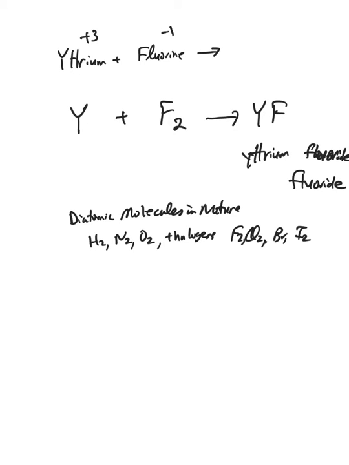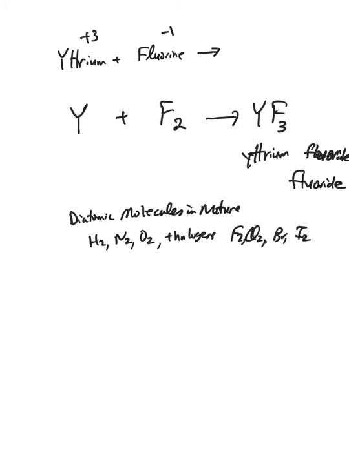And so to make this electrically neutral, we're going to write in this subscript. Now, we're not starting out with the compounds with all the formulas to begin with. If we were, you can't go changing subscripts. We're trying to come up with the original subscripts as we work in these types of problems. So this is an okay thing to do. So the correct formula for yttrium fluoride is YF3.